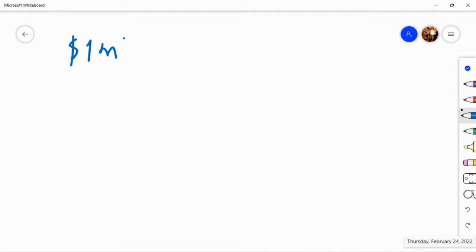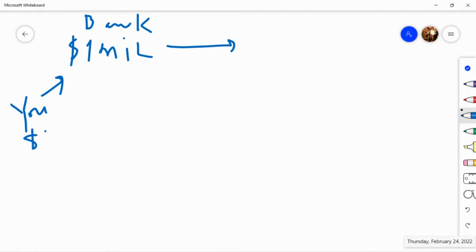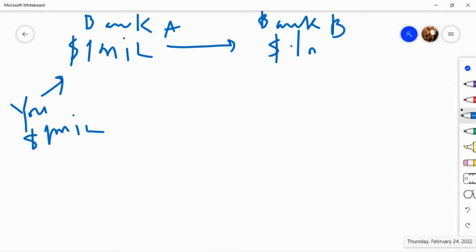So if 1 million is loaned out to another bank, right? So this is bank A, your bank, and this 1 million came from you, right? And they loan it to another bank, bank B. And just to make it simple, let's say they loan it at 0.25%.